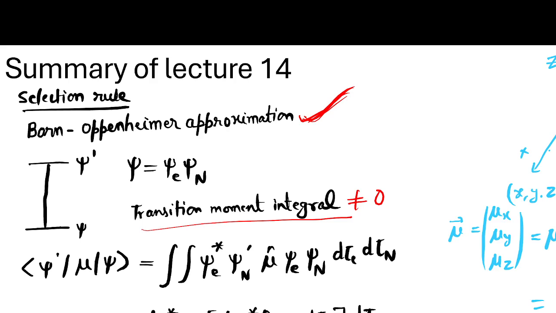Because if this dipole moment is zero, this transition moment integral becomes zero, and that means there is no transition happening. So we need a molecule having non-zero dipole moment.